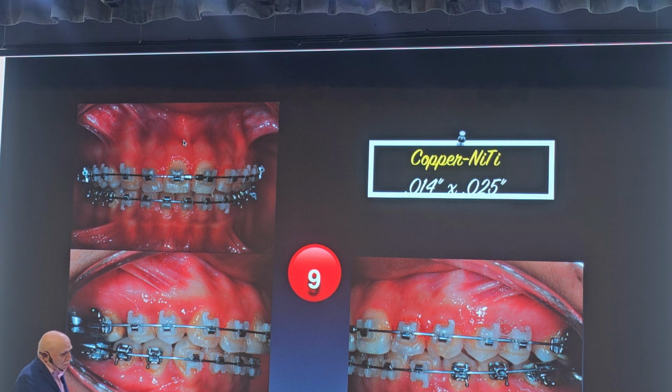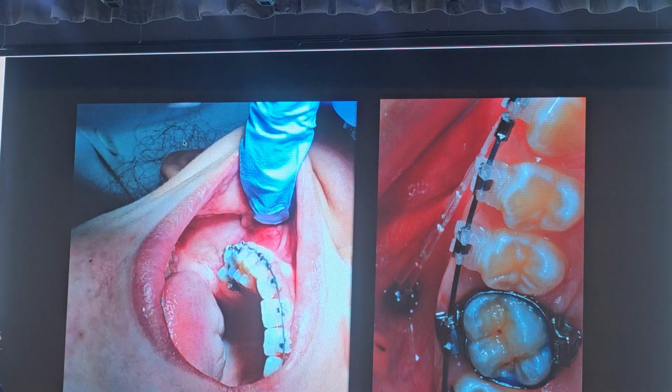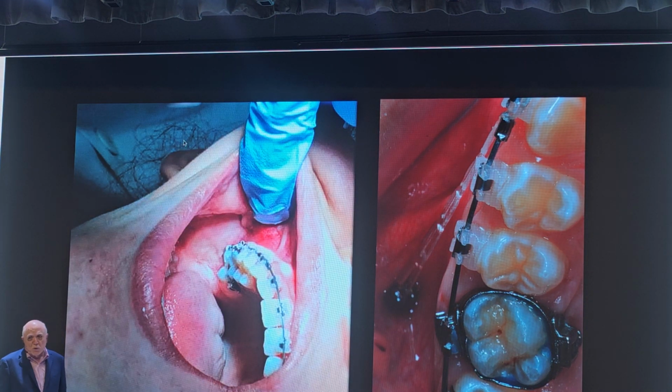We are going to start with 14 by 25 and sequentially go to higher numbers. So what we are going to do here is place an infrazygomatic tab. So let's take a look at it.